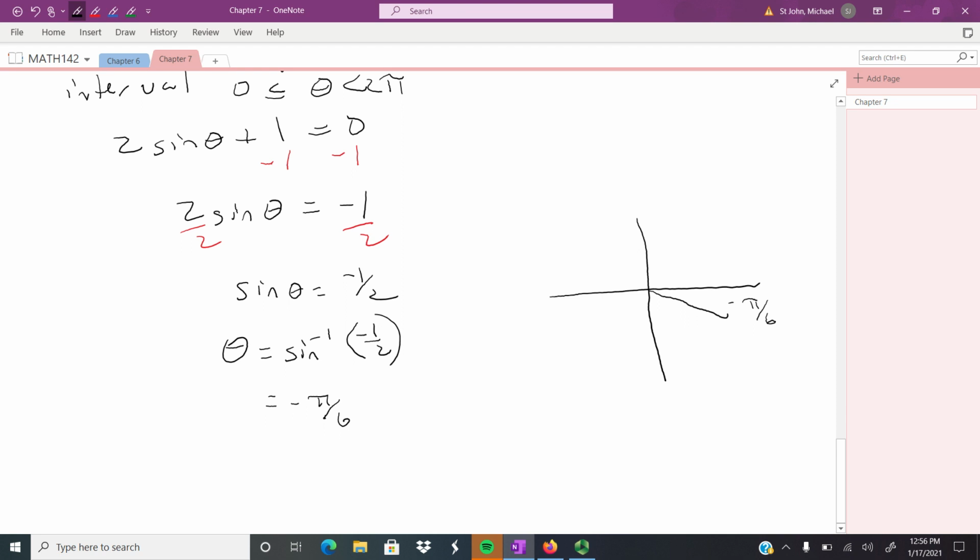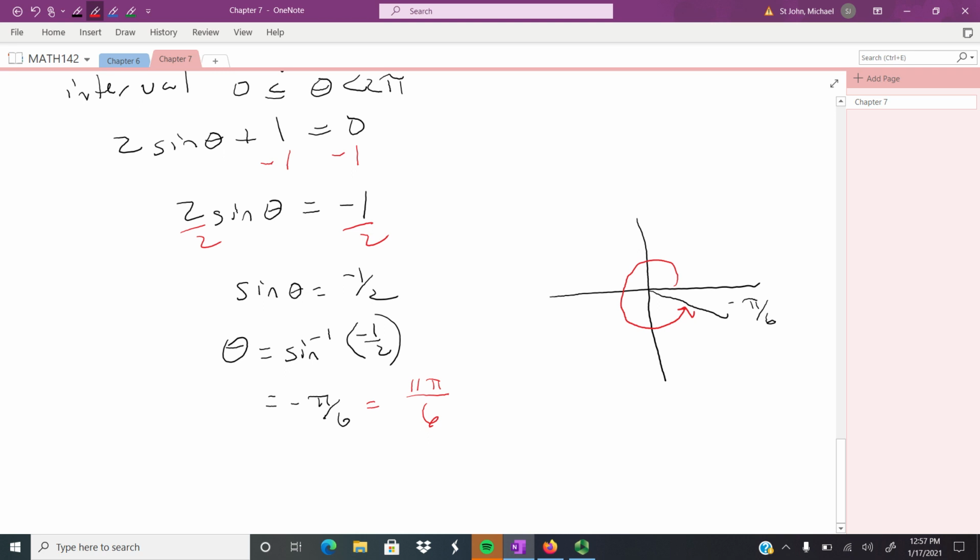Right? And so let's say, well, I want to know what that angle is. Again, we said we wanted it between 0 and 2 pi, which means we want to know what this angle here is going to be. So negative pi over 6 is going to be the same thing as 11 pi over 6, right?